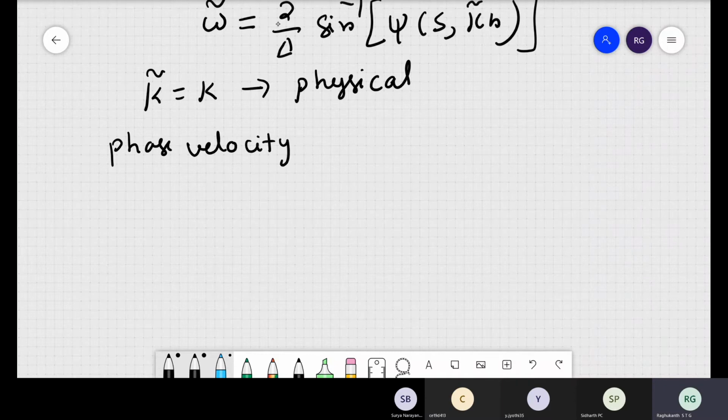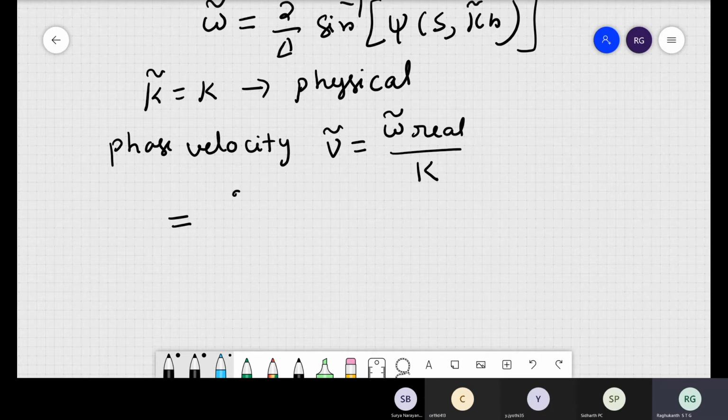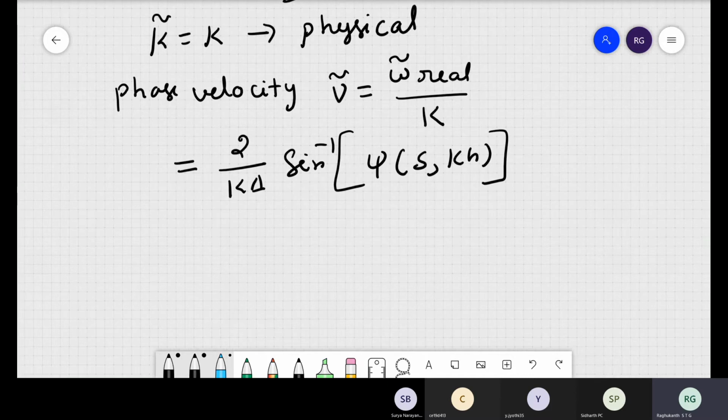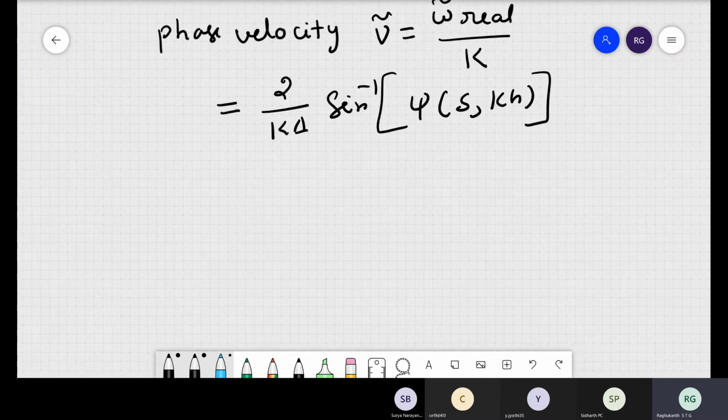The phase velocity we had can be written as omega real by k. So this means 2 by k times delta, sine inverse psi s comma kh. Okay, so this is our phase velocity.